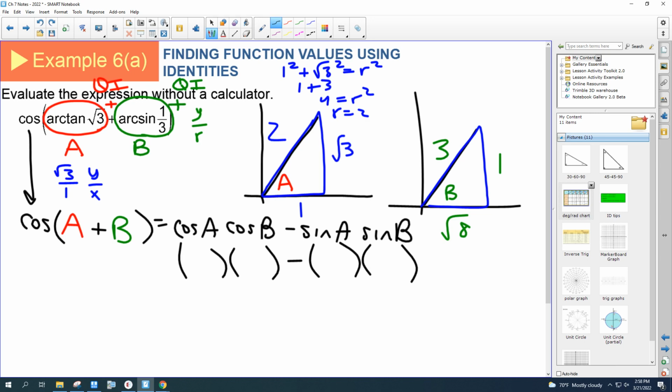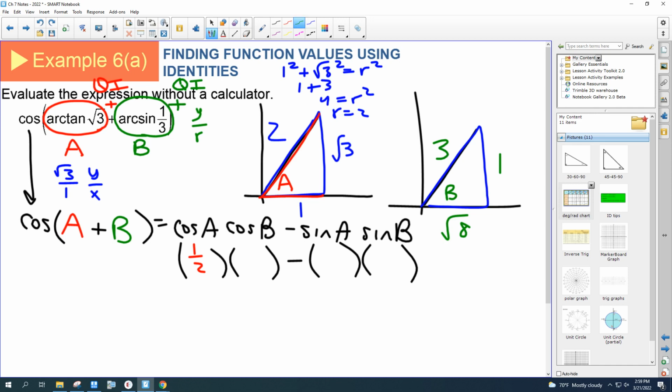And I've got to fill in the blanks. I've got cosine minus sine. Well, cosine A, look back at your triangle. Cosine is x over r, so cosine A is 1/2.